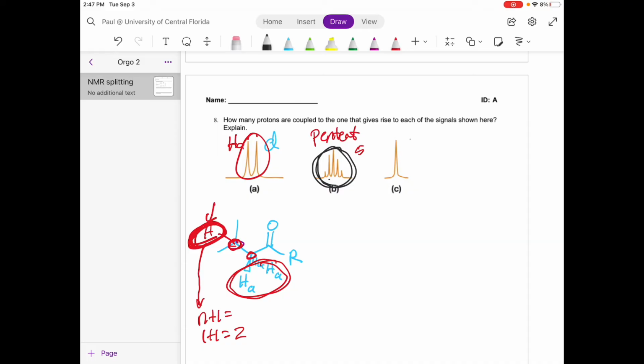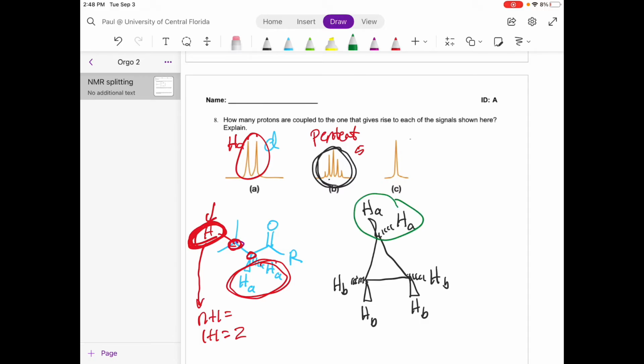So for example, if I have this molecule like that, how many signals are there? We first figure out that these 2 protons right here are equivalent to one another, and then we have these protons that are equivalent to one another. Now we look at the splitting pattern for HA.